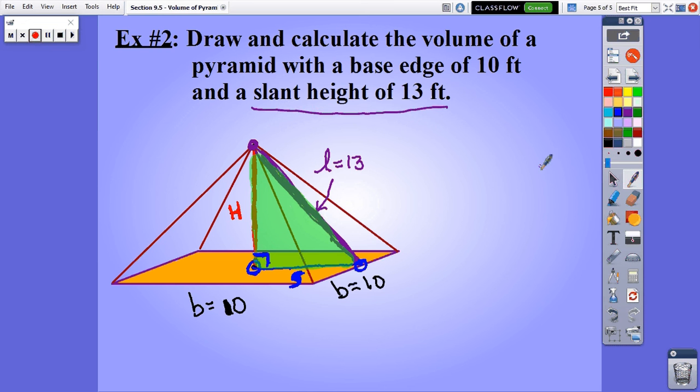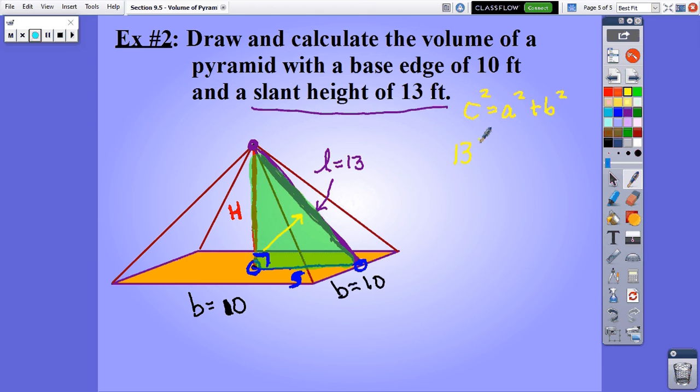All right, so now we can do the Pythagorean theorem. We'll do it right here. c squared equals a squared plus b squared. Now, the c side, notice, is the slant height. We know that, 13.